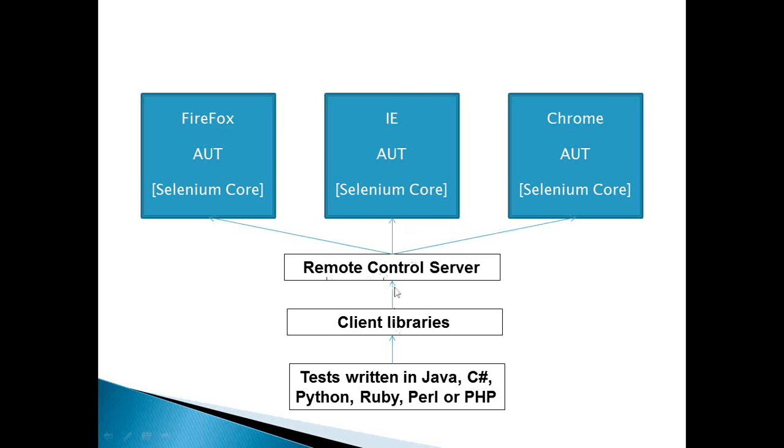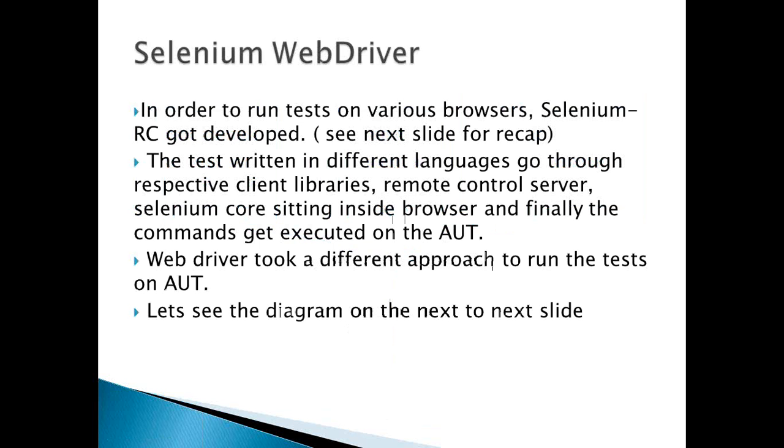And the tests written in Java, C#, Python, Ruby, Perl, or PHP, via the client libraries for these languages, went through the remote control to these various browsers, where the Selenium core interpreted these commands and executed the actions on the application under test. So this is what Selenium 1.0 was.